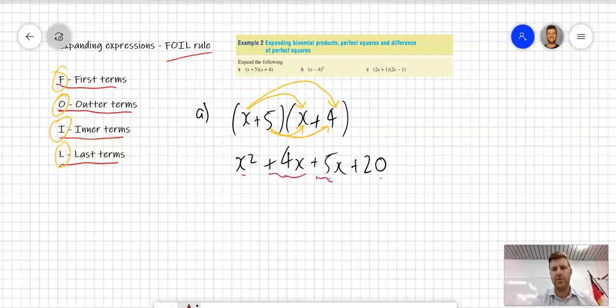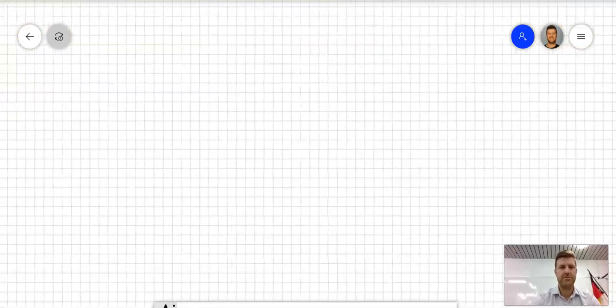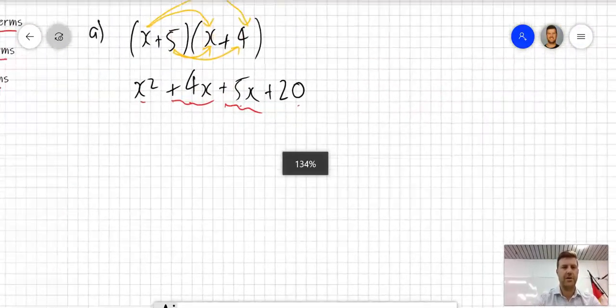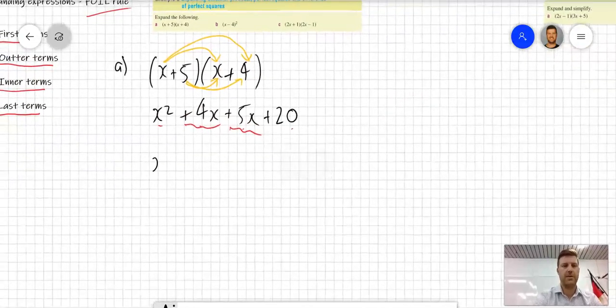These two terms are what we call like terms. And in a previous video I've spoken about this. We can collect those two terms to simplify this expression, which leaves me with x squared plus 9x plus 20.